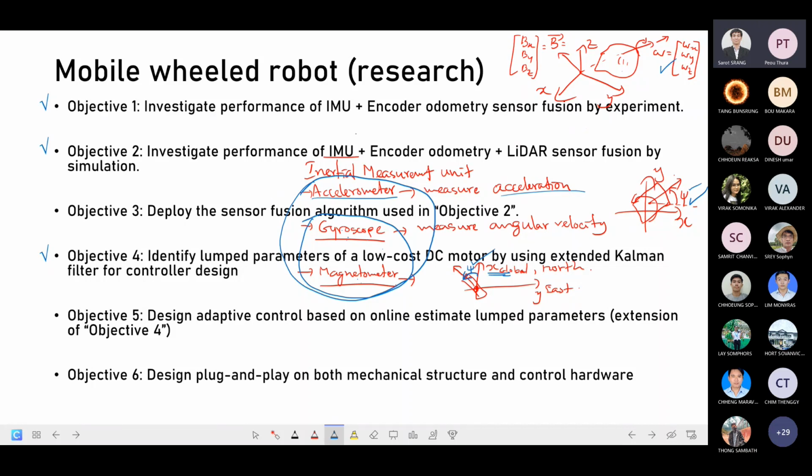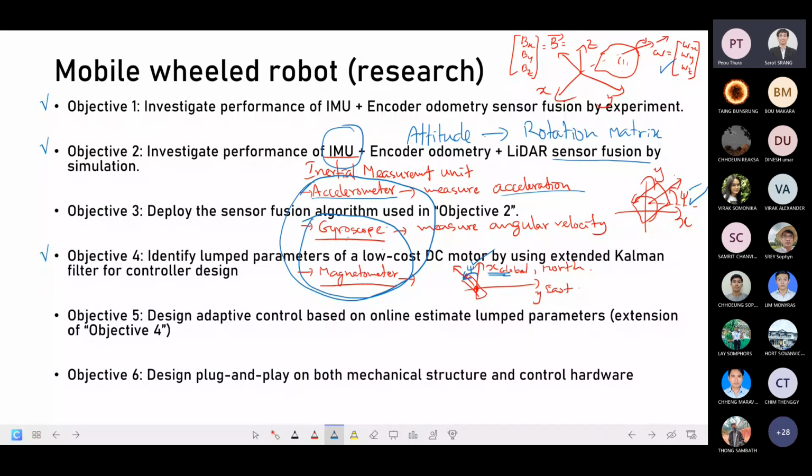Actually, we use this IMU and some sensor fusion algorithm to determine attitude. Attitude means the orientation of an object in space. It is described by a rotation matrix. If you know the rotation matrix, you can compute the pointing direction or orientation of the craft, of the vehicle.